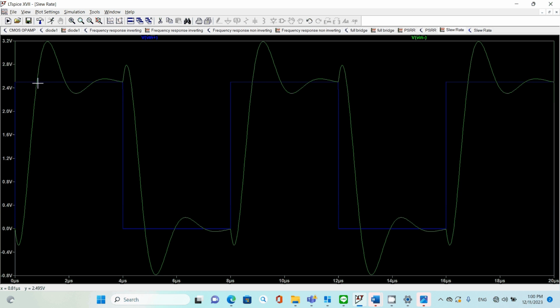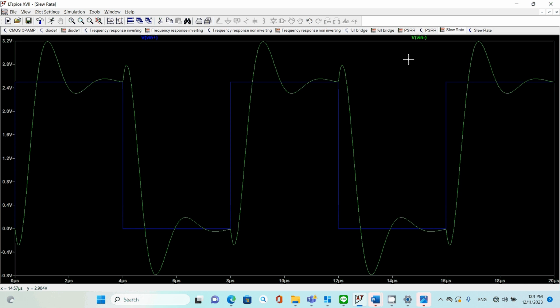You need to record your slew rate, which is equal to delta V over delta T. You pick a start time T1 when it just hits 0, and when it hits 2.5 volts, that's going to be the time T2. So your delta T becomes T2 minus T1. On the x-axis you can do the reading.